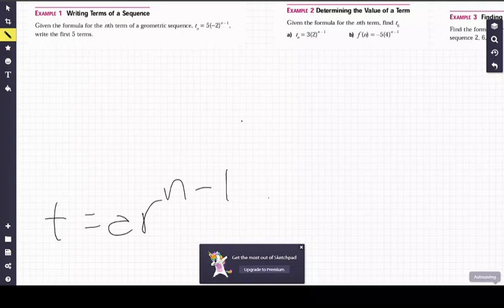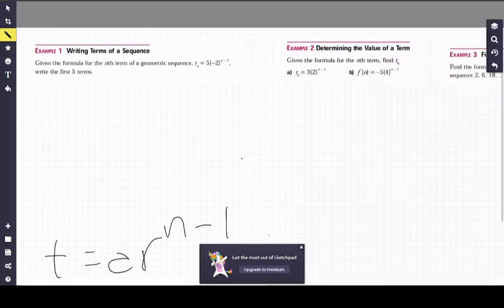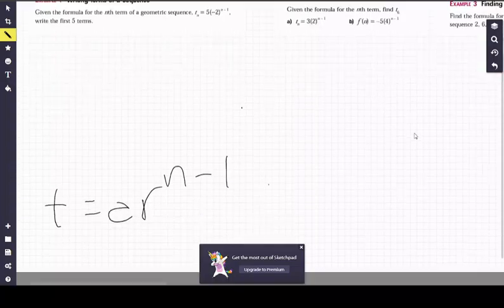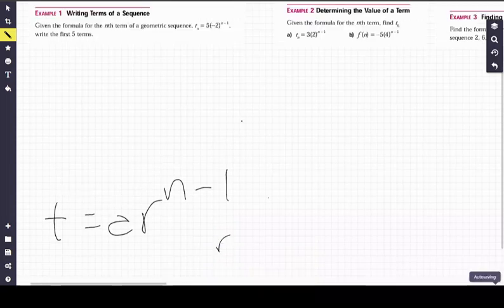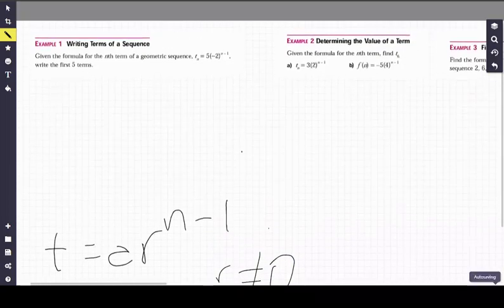So let's try example 1. Given the formula, find the first 5 terms. Whenever we look at a sequence like this, we have to assume that r is not equal to 0. So let's write the first 5 terms.